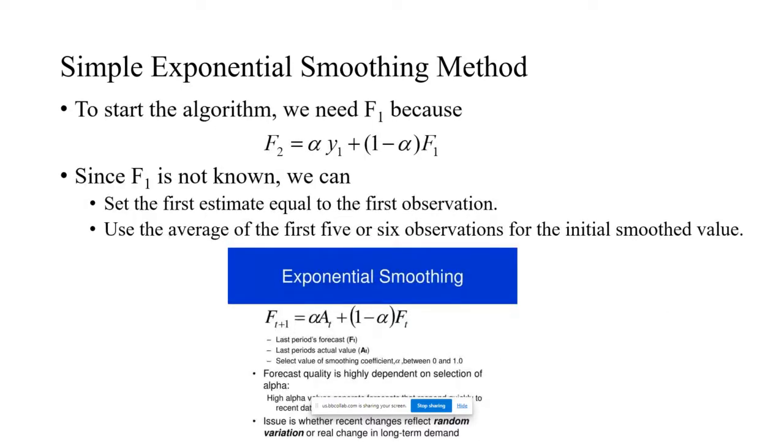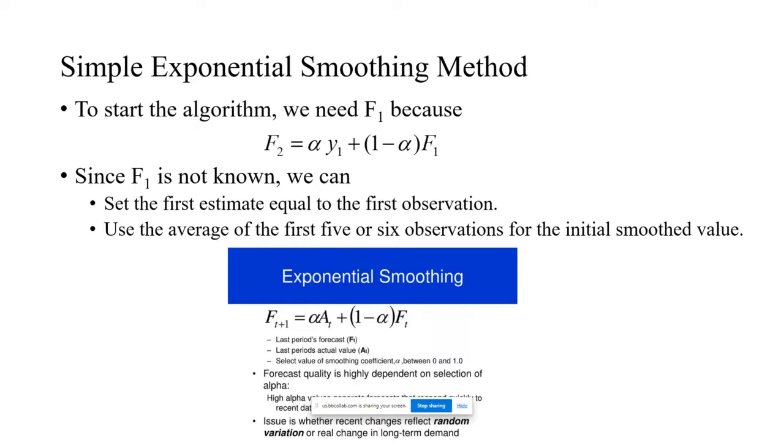To get this process, or the algorithm, started, we need a forecast for the first period, because you can see the forecast for period 2 is based off the forecast for period 1. Since we don't know what the forecast for period 1 is, there are a couple of things we can do.